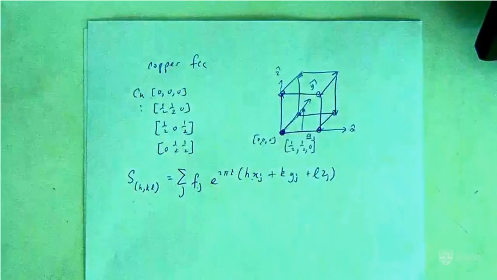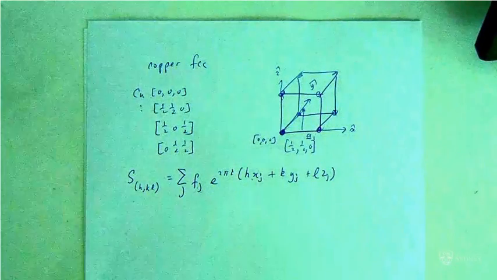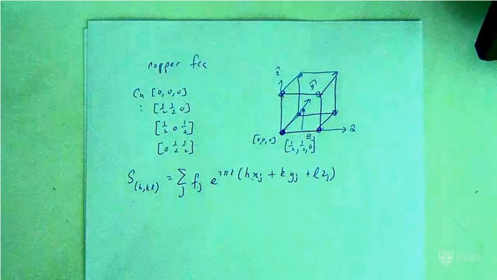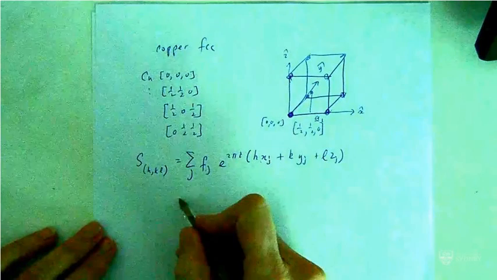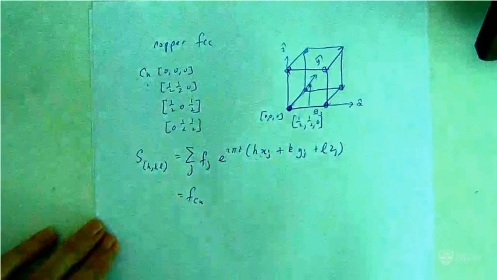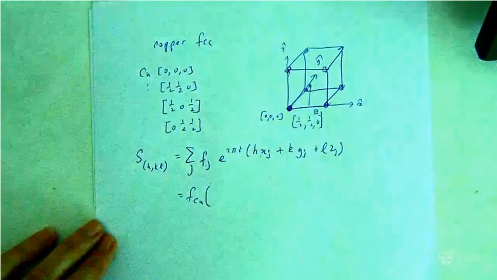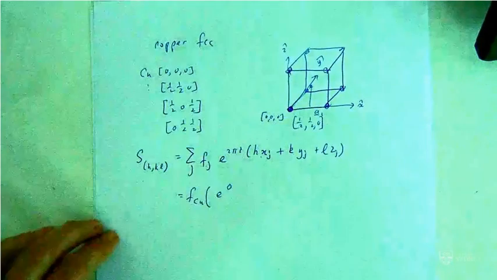All we're going to do now is substitute in the positions of our atoms and see what we get. So we have just copper, the form factor of copper, and e to the 0, because that's your atom at the origin.